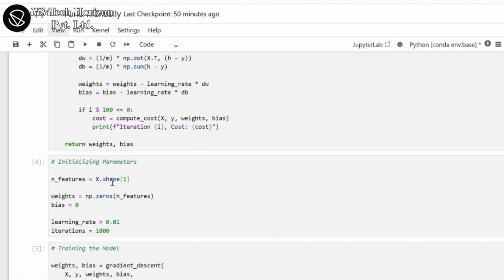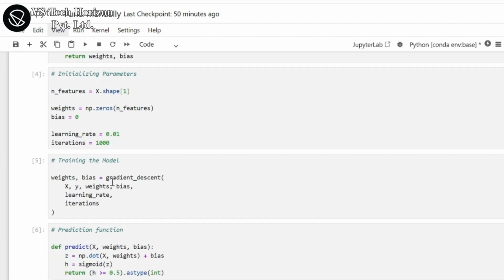Then we gradually adjust them using gradient descent. Iterations define how many times we update the parameters. Then comes the training of the model, where at first the cost is high, but as iterations increase, the weights improve, the cost decreases, and the model becomes better at classification.